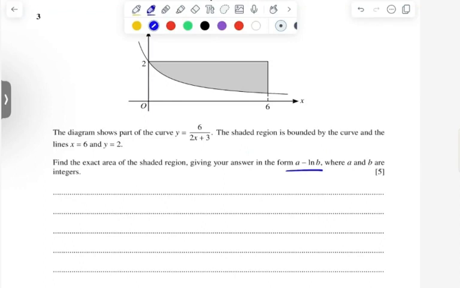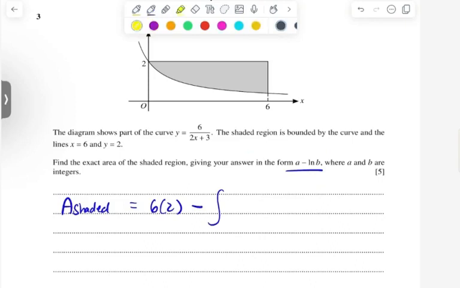Let's get going. So our area of the shaded region is going to be our rectangle. So I'm going to say 6 times 2, that's just length times breadth. I'm going to take that full area, and then subtract the integral.